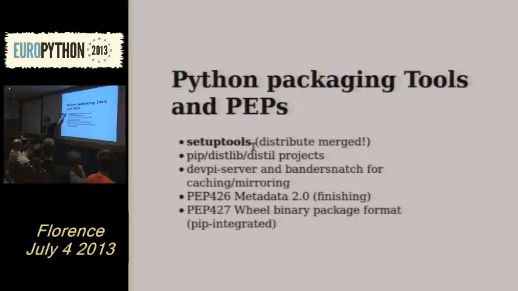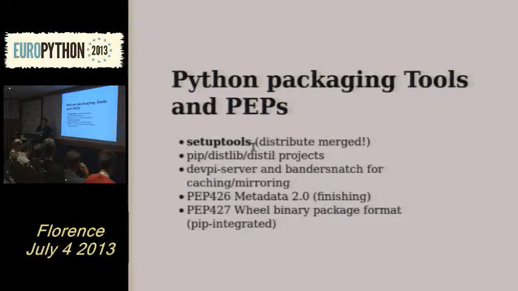So the setuptools, I think the merge with distribute is now no longer advertised at all. You only use setuptools and everything has been merged back. That's a big step. Distlib is kind of like the current experiment together with distill to support the new PEP 426 packaging metadata. This is a purely declarative format that is mostly meant for installation.